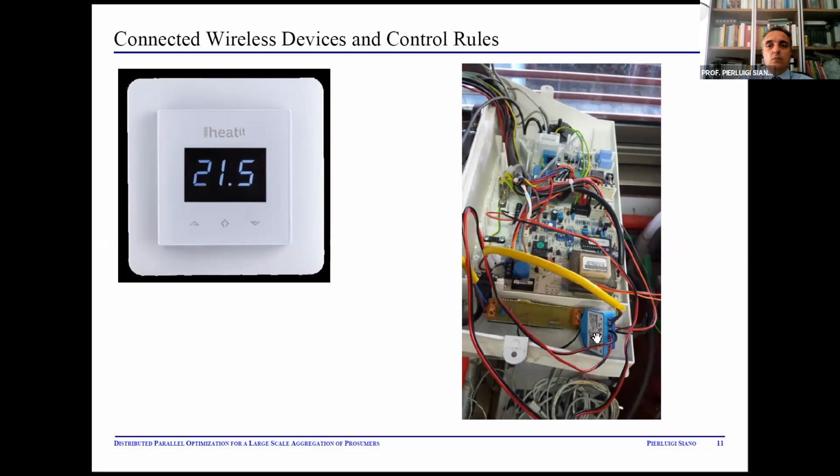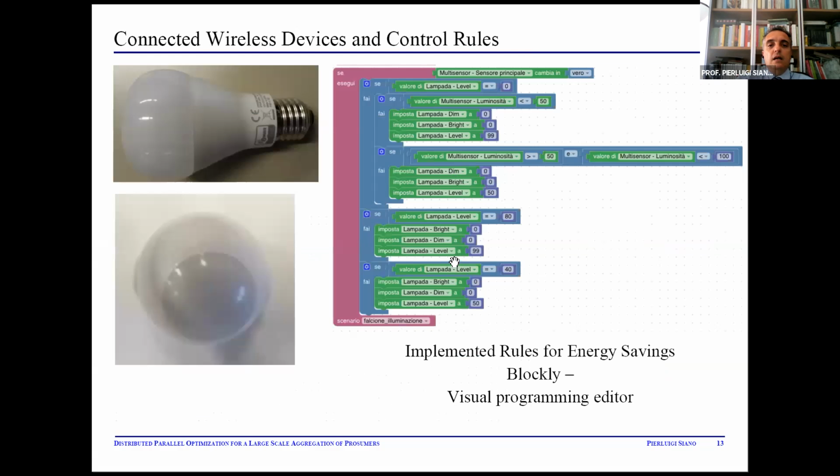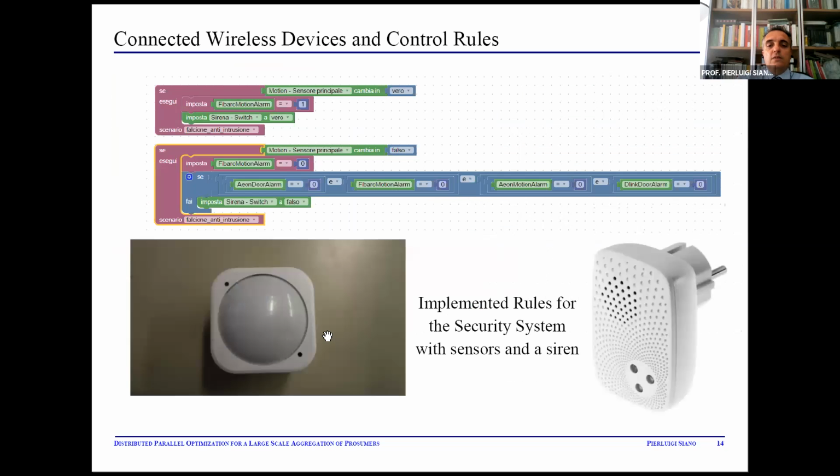Both are connected by means of Z-Wave communication to the energy management system. These rules have been implemented by using a Blockly wizard programming editor, as shown, for example, here in this slide. Another example is shown here for the control of a smart lamp in connection with a light sensor, both connected by means of Z-Wave communication to the energy management system.